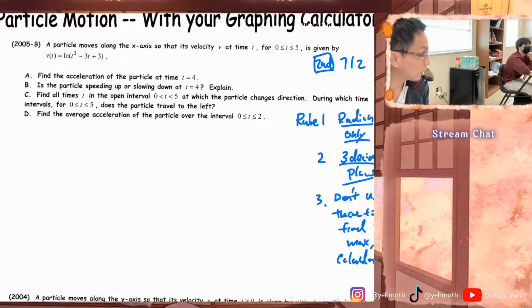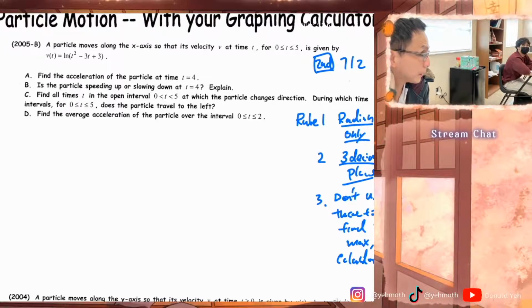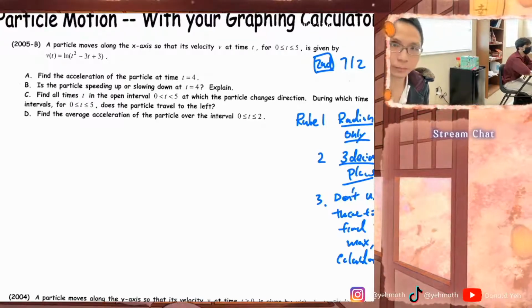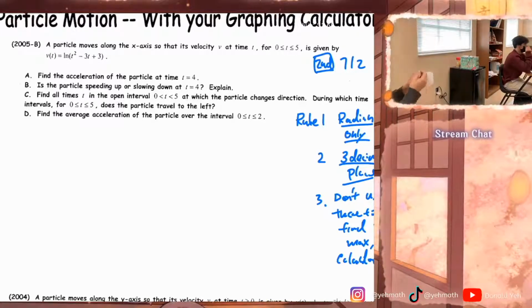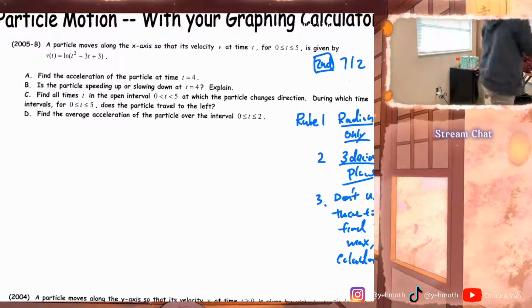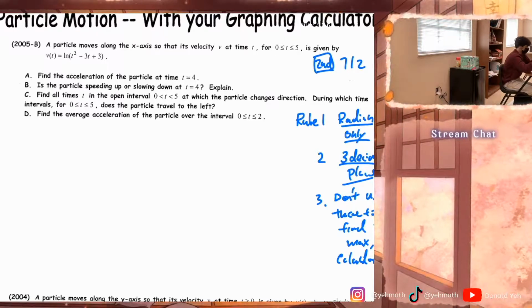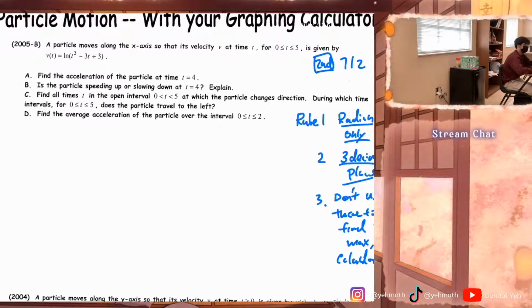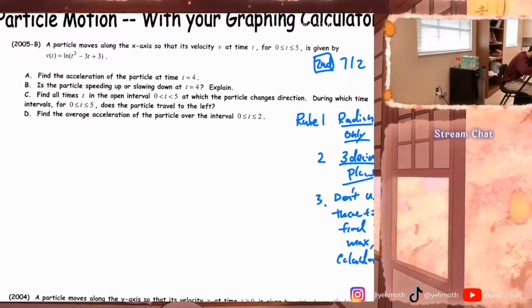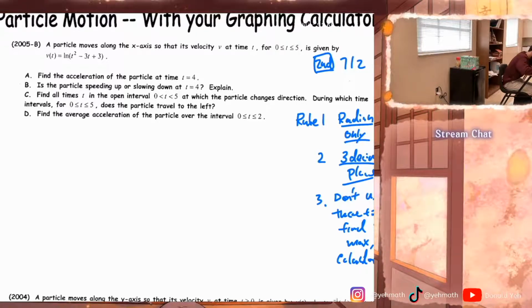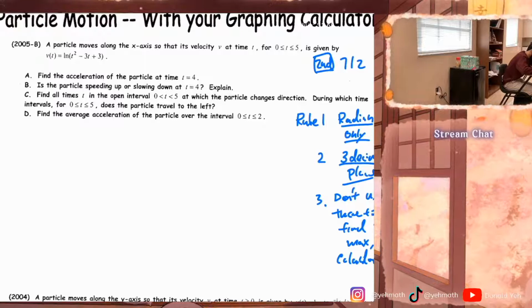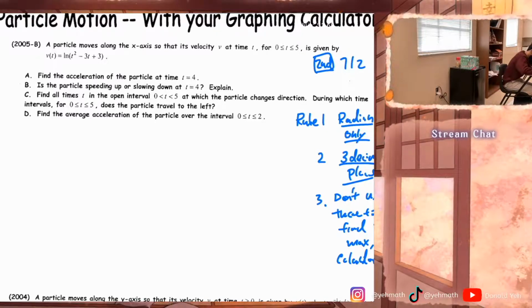Sarah, do you know how to do it? Vars, function y1. So this is the graph.